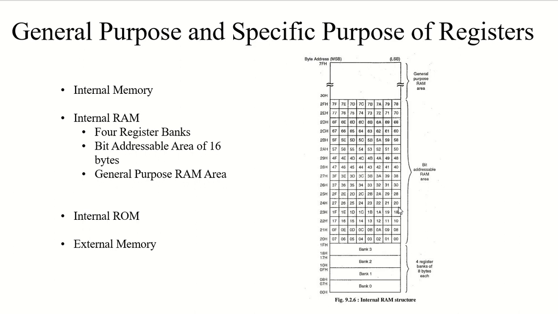After that, from 20 till 2F, 30 till 3F, 40 till 4F, 50 till 5F, 60 till 6F, and 70 till 7F. So these 16 bytes provide us with 128 addressable bits, and the microcontroller has given the addresses of these bits ranging from 00 to 7FH.